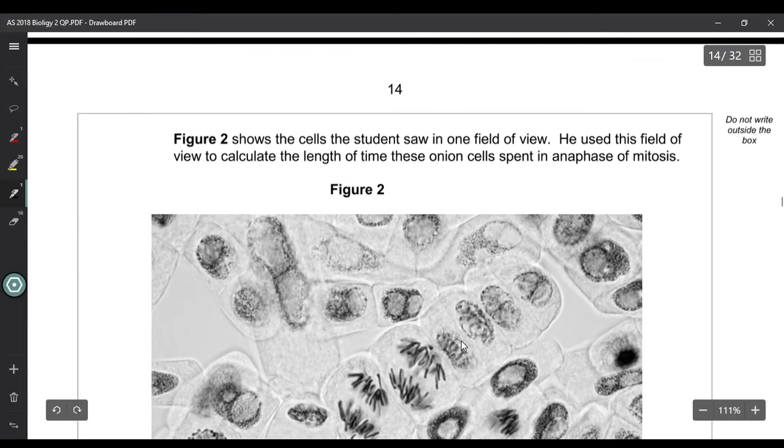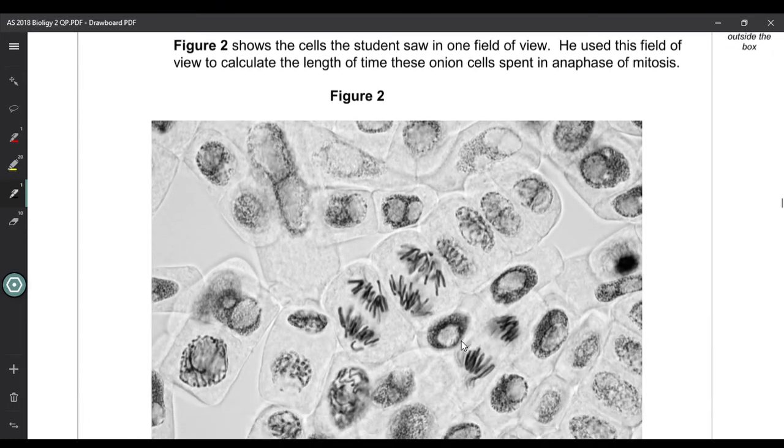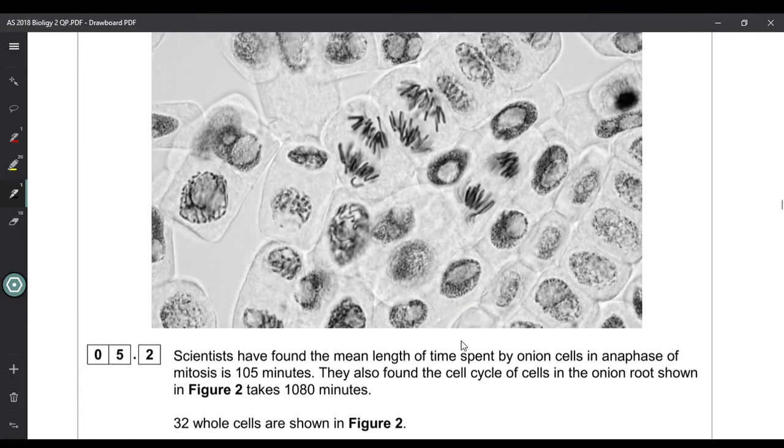So the next part of this question requires a calculation. So we're told that scientists have found the mean length of time spent by onion cells in anaphase of mitosis to be 105 minutes. They also found the cell cycle of cells in the onion root, shown in figure 2, takes 1080 minutes.